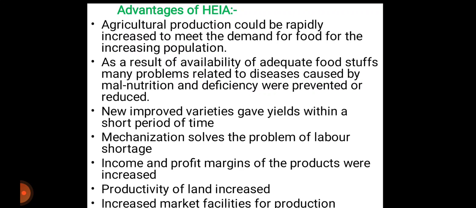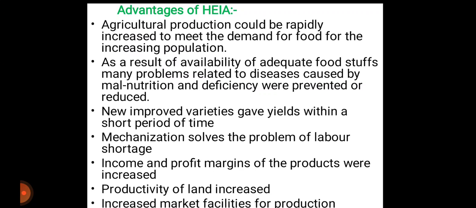What are the different advantages of high external input agriculture? First one, agricultural production could be rapidly increased to meet the demand for food for the increasing population. As a result of the availability of adequate foodstuffs, problems related to diseases caused by malnutrition and deficiency were prevented or reduced.